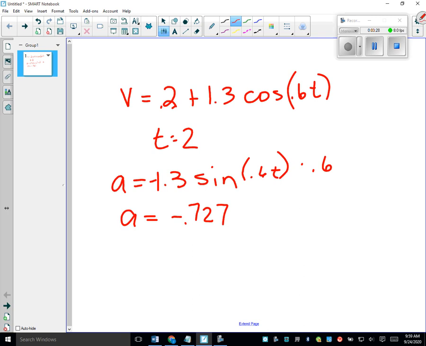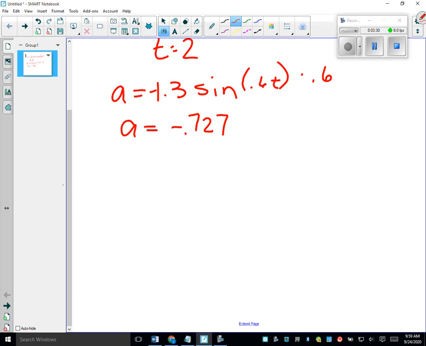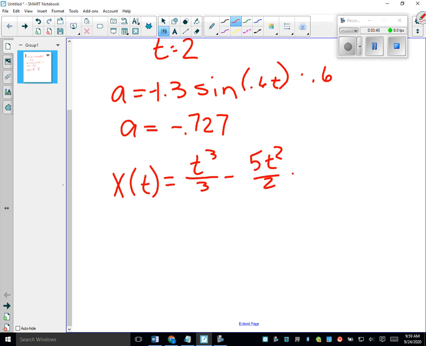Okay. If I give you this equation, I want to know, when is this particle at rest? So is that t, and we find the derivative, is that t equals 0?